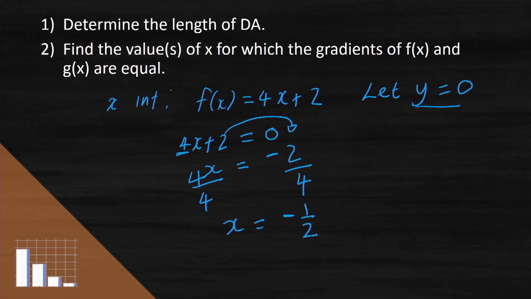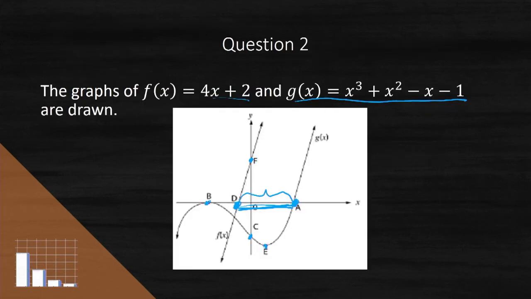So what does that mean? It means that the coordinates at point D are negative a half and 0. So if we go back to the graph, if this point D is minus a half and 0, that means the length from D to the origin would be half a unit. How do I get that?